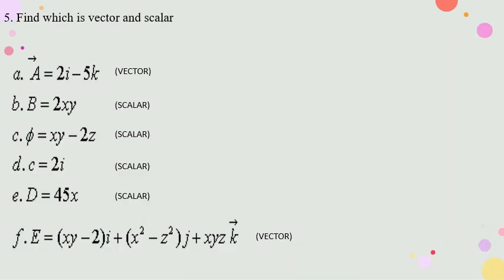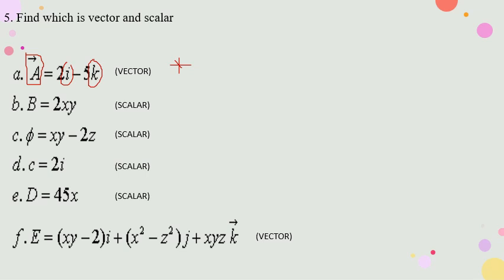For question number 5, find which is vector and which is scalar. So number 1, A, my answer is that this equation given is a vector, because this arrow for A already tells us that this is a vector, and also i and j here give us the clue that it has a direction, as in the triangle where there is i, j, and k.